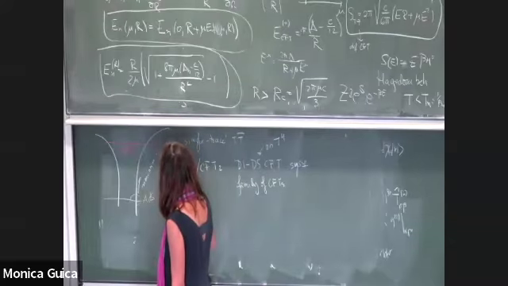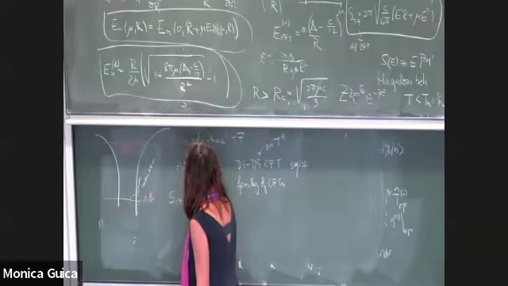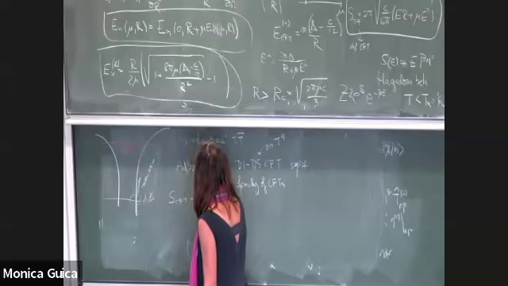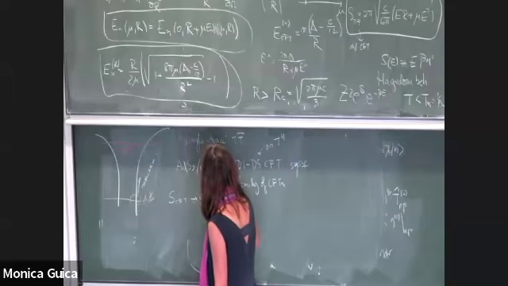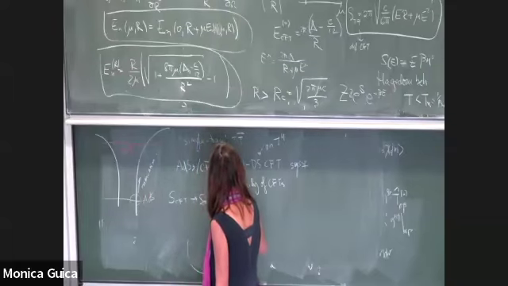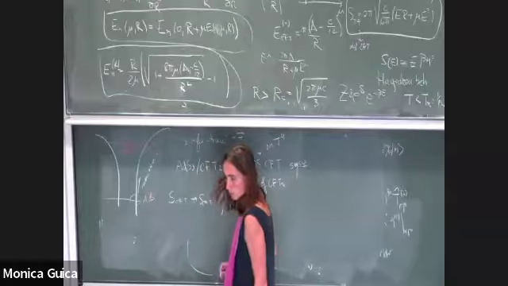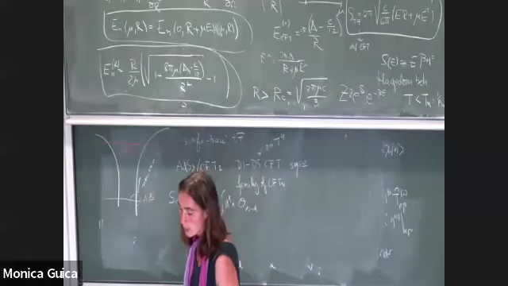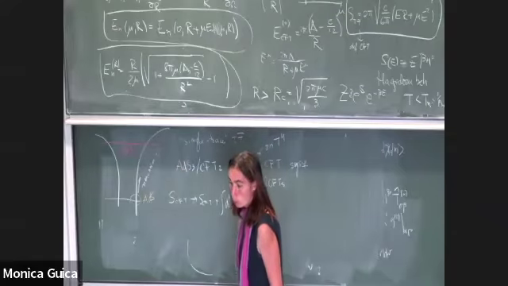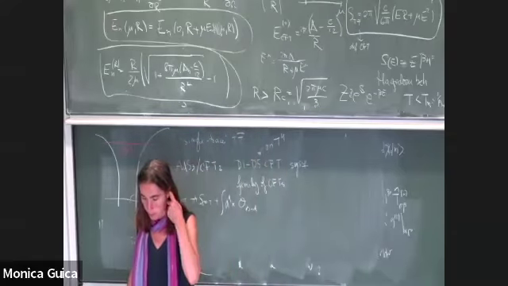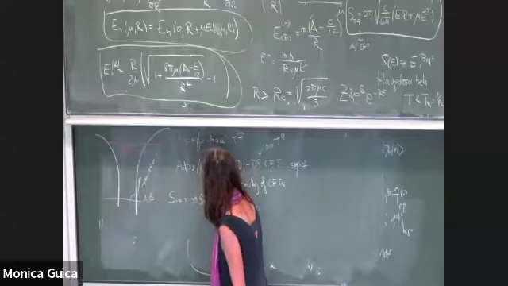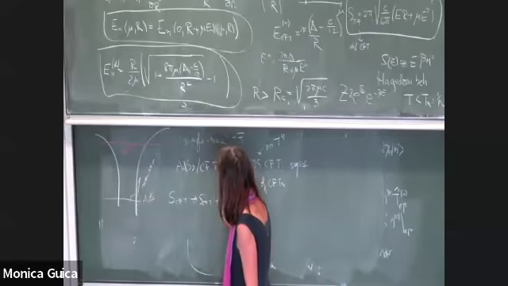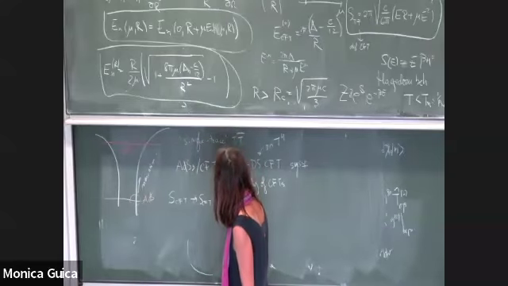You take your CFT action and add to it an operator whose dimension is precisely D, including quantum corrections and so on. It has to be exactly D. If you do that, then you don't break conformal invariance. And you have some parameter lambda here, and there can be several such deformations.